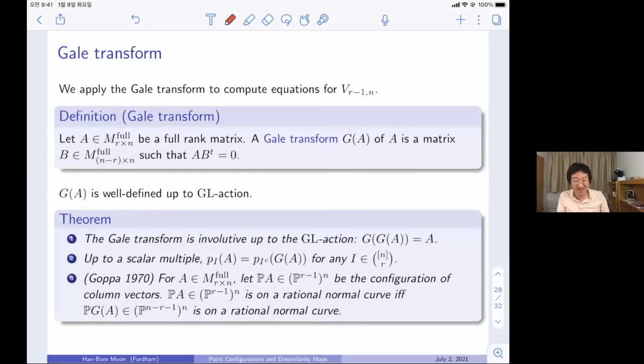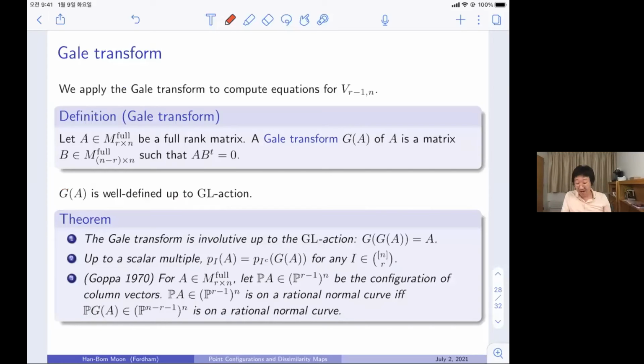This is a very simple, elementary object, so you can explain it in your linear algebra class. First of all, the Gale transform is well defined only up to GL_R action, because if you permute rows and columns, then obviously we will get a different equation.